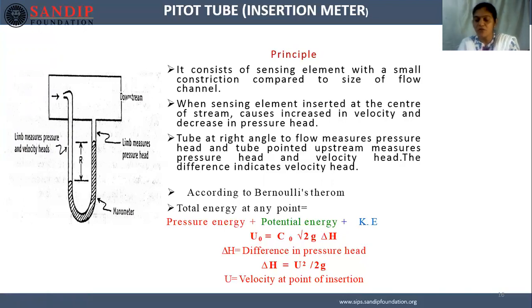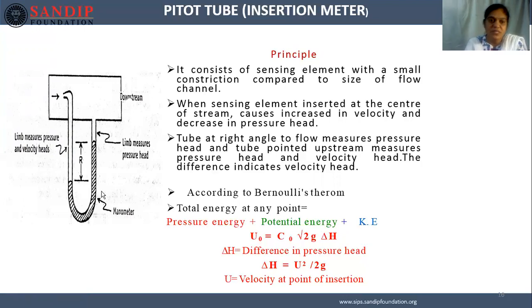The point of measurement may be at the center of the channel, and one tube is to be perpendicular to the direction of flow, and the second tube should be connected parallel to the direction of flow, as we already discussed in the principle. The two tubes are connected to the manometer, and here R has to be measured.